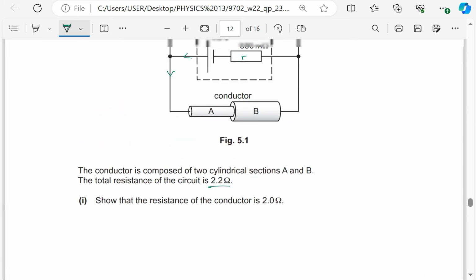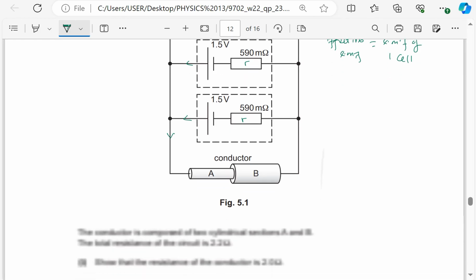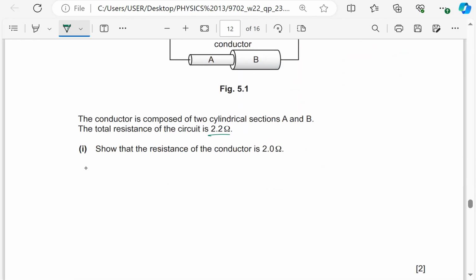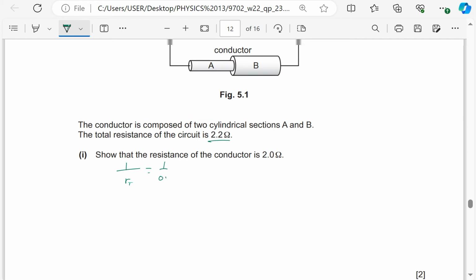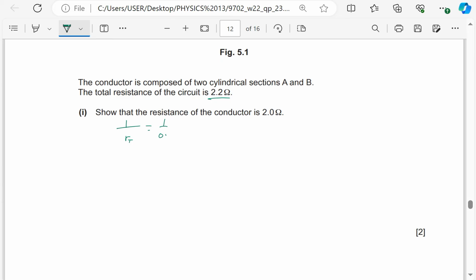Let's find the total effective internal resistance of these cells. Using 1 over R total is equal to 1 over each of them. So it will be 1 over 0.59 plus 1 over 0.59 plus 1 over 0.59.